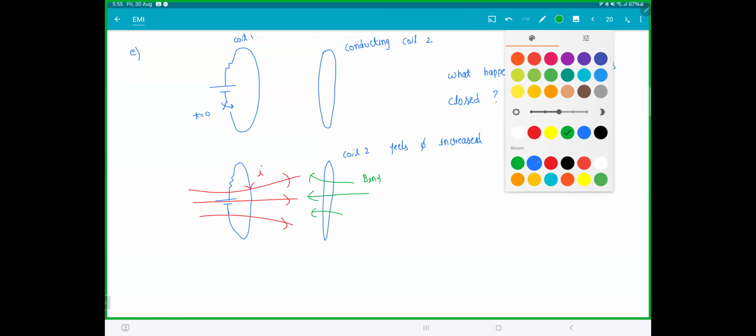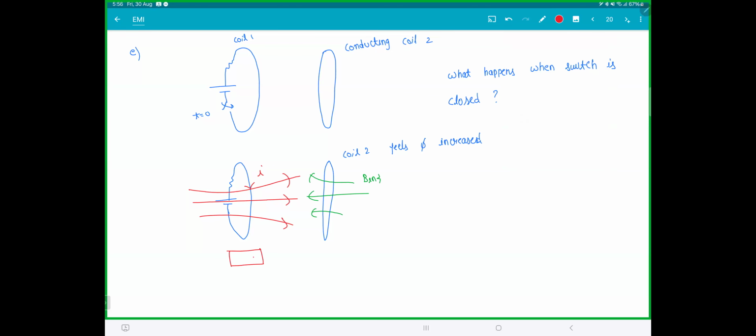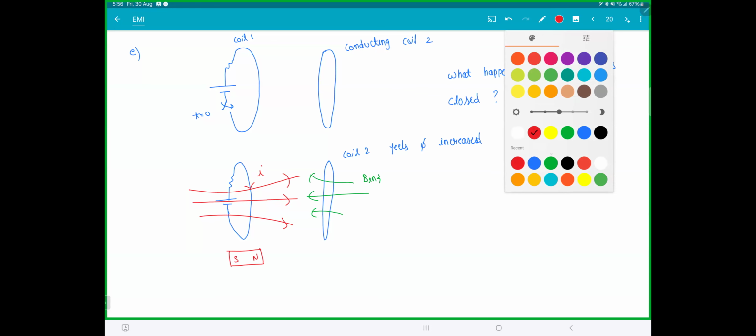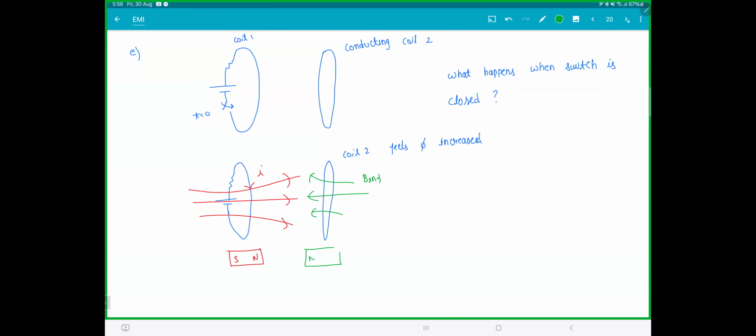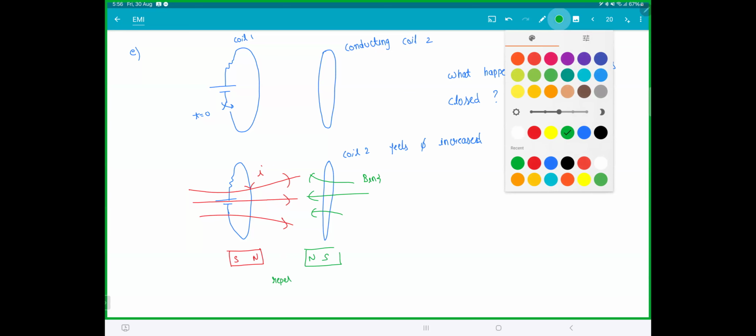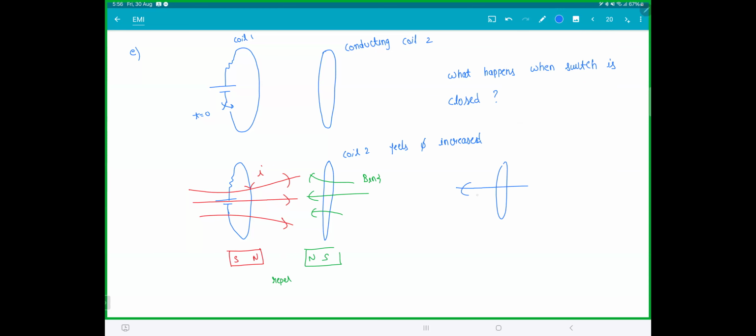So this will act like a magnet north-south, and this will act like a magnet north-south. And therefore they repel. What if the current was in the other direction? It doesn't matter. If the current was in the other direction, then this would act like north-south, and this would act like south-north, isn't it? It will still repel, right?